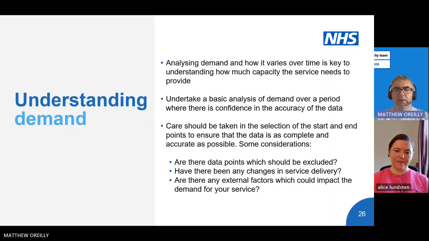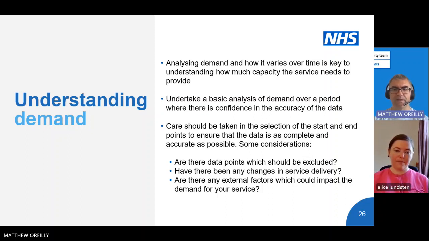When you're looking at the start and endpoints to use in terms of the data for your modelling for the time frame that you're going to use, then we'd recommend that you use the most representative time period of the service currently. I think previous to COVID, we would probably have suggested that if possible, use the latest 2 to 3 years worth of data, for instance.